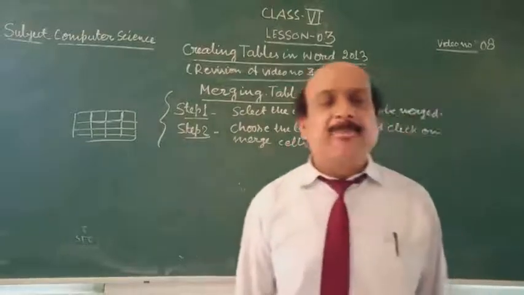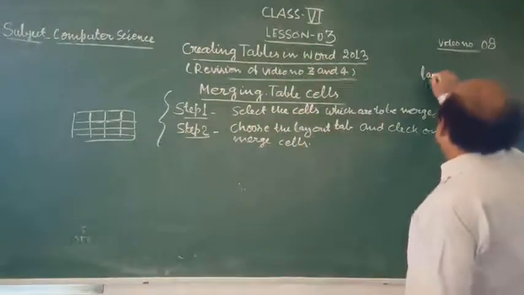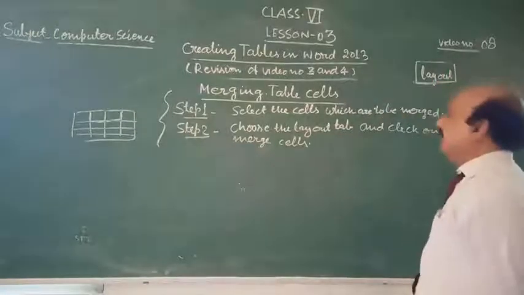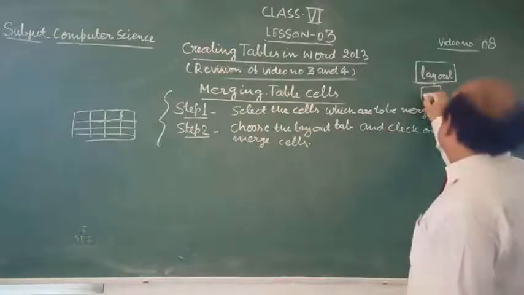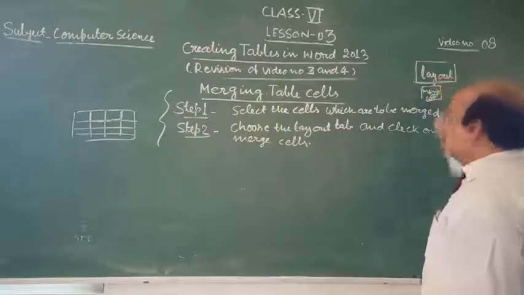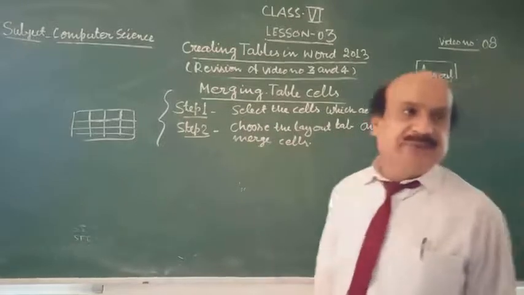Second step, choose the layout tab. You will find the layout tab in the box. You will put the cursor on the layout tab and click on merge cells. In the box you will find the merge cells option. Choose the layout tab and go to the merge cells option.